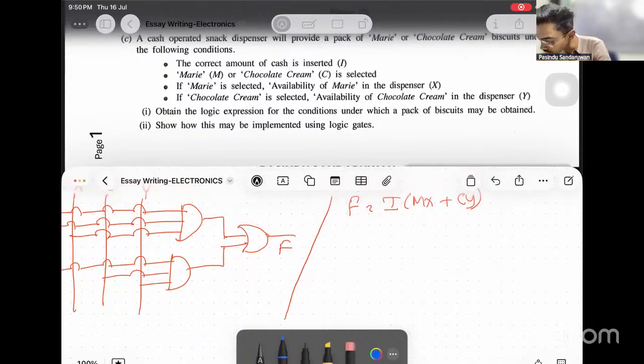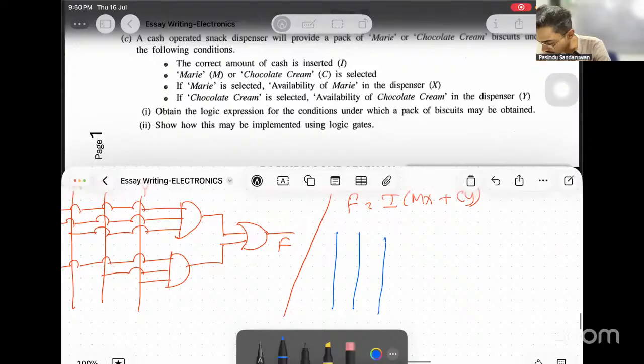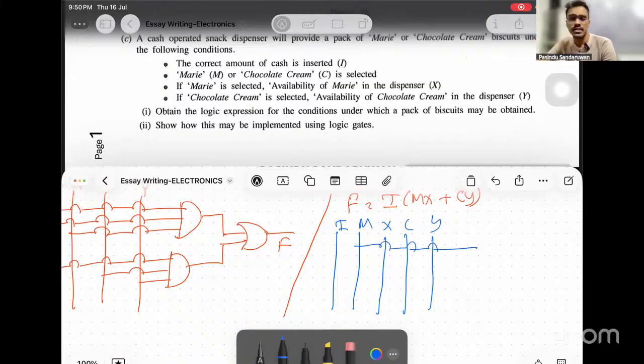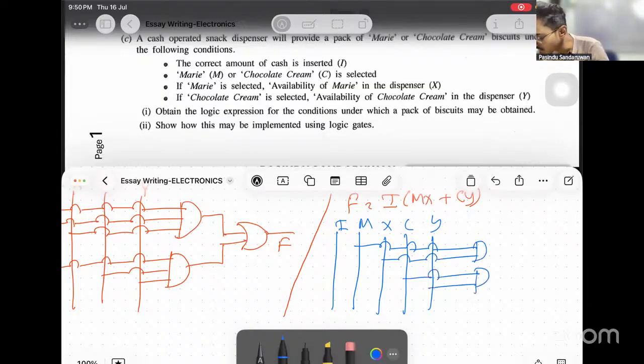If input wires are these ones, first I need MX, then CY. There are like 4-5 possible circuits here. For any circuit, marks will be given. MX is here, then CY is here.